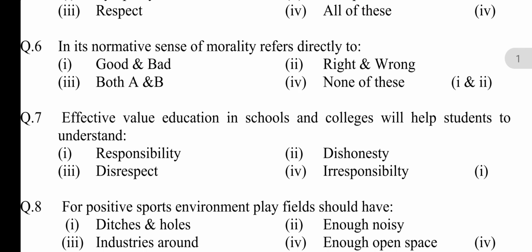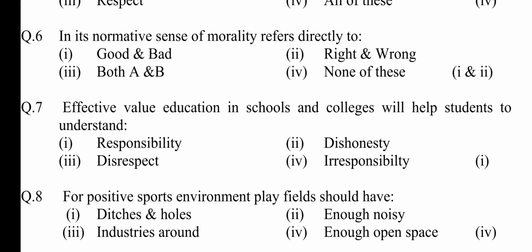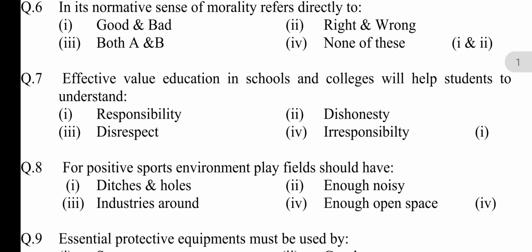Question number 6. In its normative sense, morality refers directly to option first, good and bad. Second, right and wrong. Third, both first and second. Fourth, none of these. Answer is option first and second.